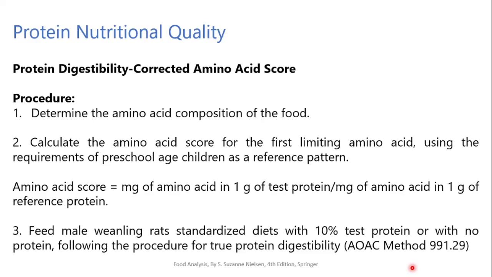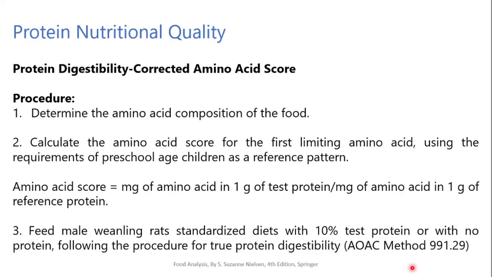The amino acid score equals the mg of the amino acid in 1 gram of the test protein divided by the mg of the amino acid in 1 gram of the reference protein. From that we get the amino acid score, and the corrected amino acid score takes the protein digestibility into account. Then feed male weanling rats standardized diets with 10% test protein or with no protein, following the procedure for protein digestibility.